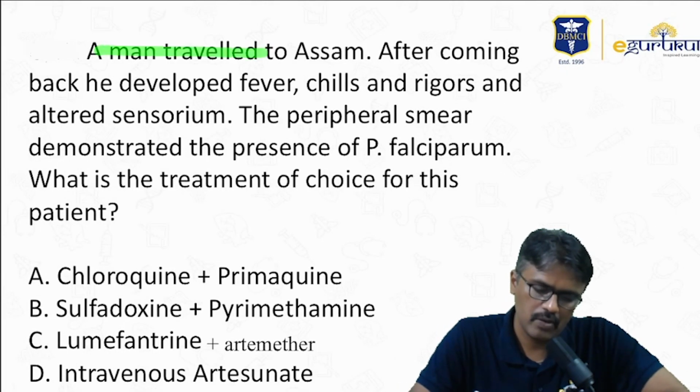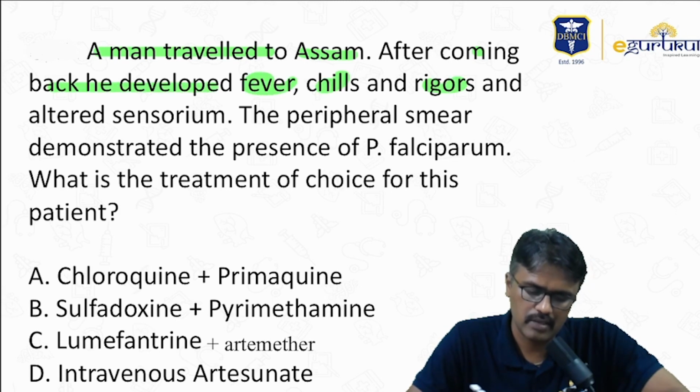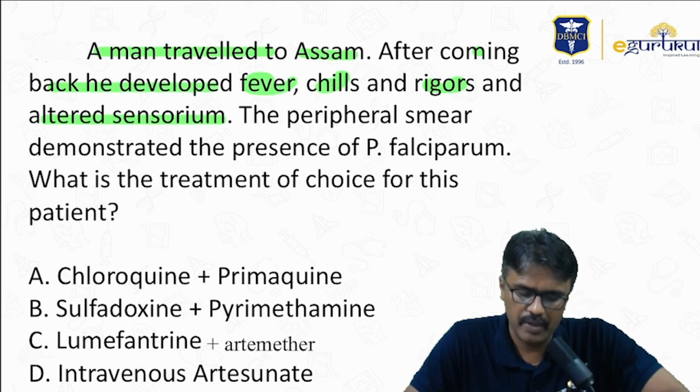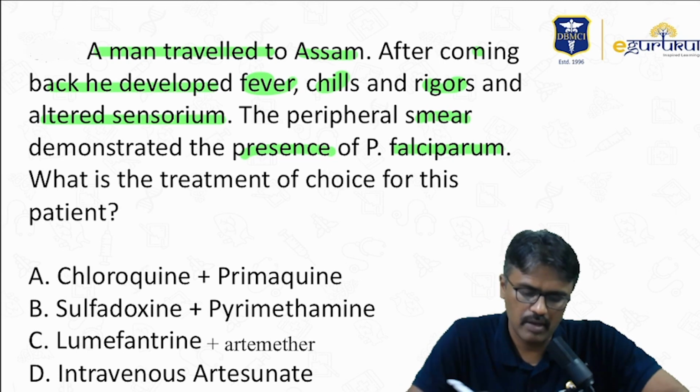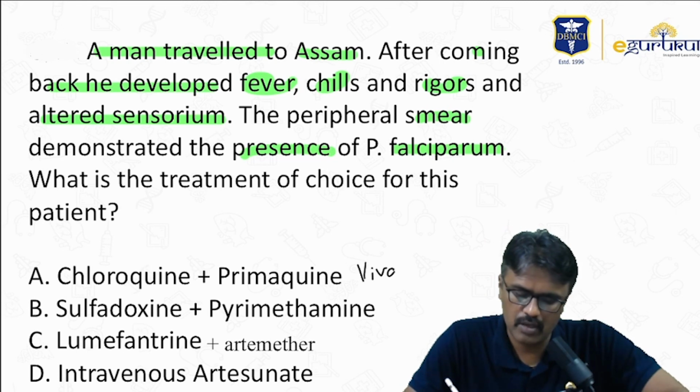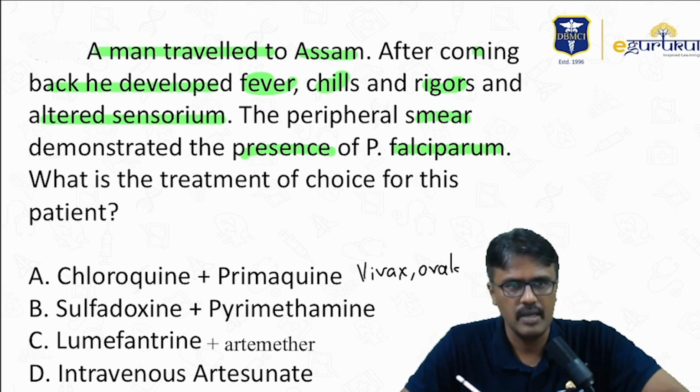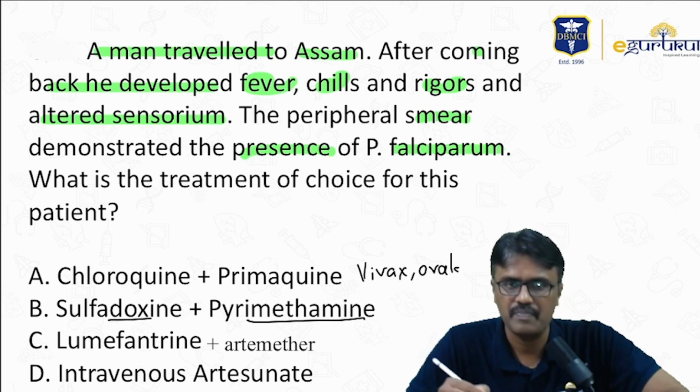A man traveled to Assam. After coming back, he developed fever, chills and rigors and altered sensorium. The peripheral smear demonstrated falciparum. What is the treatment of choice? Chloroquine plus primaquine is the one we use for Vivax and Ovale, because they are still sensitive to chloroquine. Sulfadoxine plus pyrimethamine are slow acting.